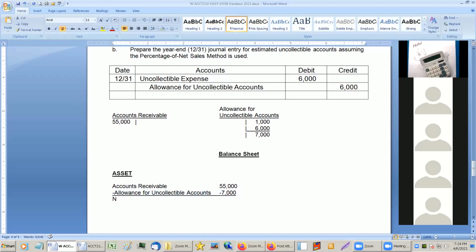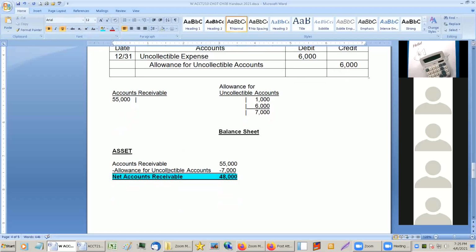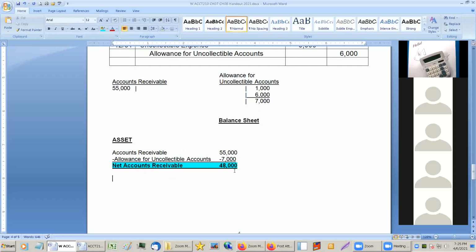And so we'd have our net accounts receivable. 55,000 minus 7 is what, 48,000? So this is what we would actually have as our true value of our accounts receivable. The true value would be 48,000.